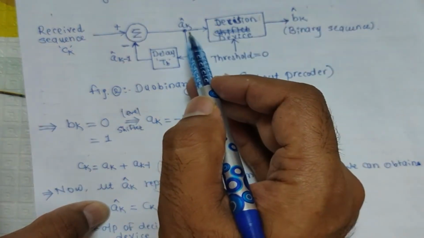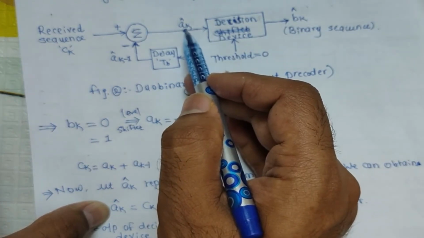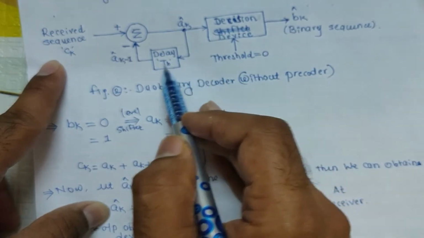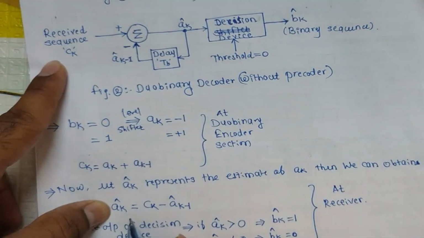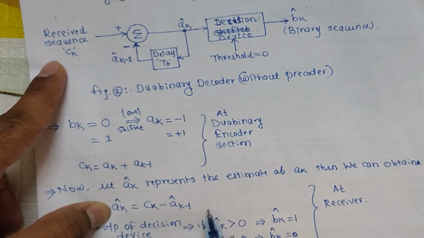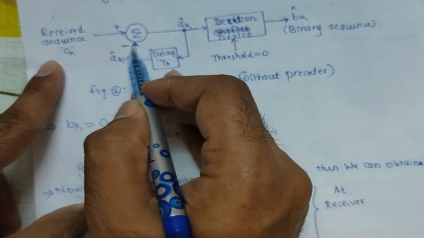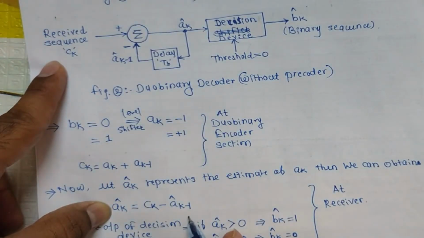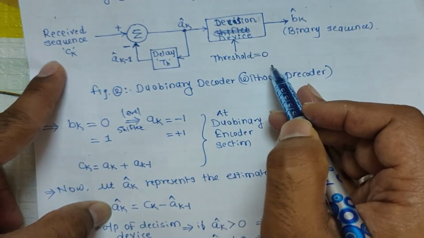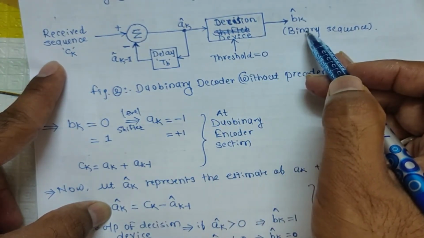If you see this receiver, ak cap is nothing but this transmitted sequence ck and the delayed version of this ak cap-1. So that's why I have written here ak cap is equal to ck minus ak cap-1. Now this ak cap value we can give to the decision device, where we are setting the threshold level at 0. So we are getting the final value bk.